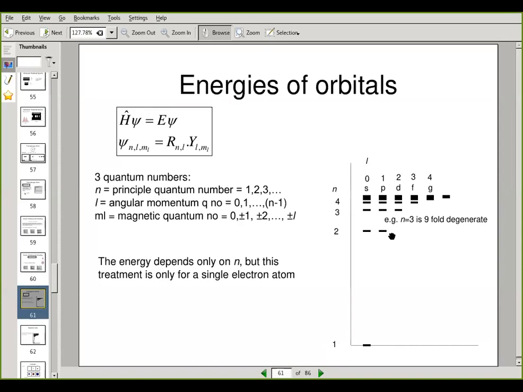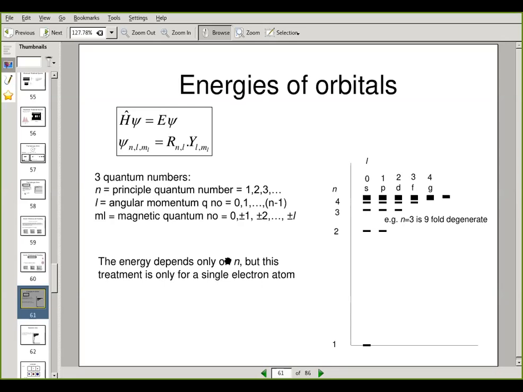But my apologies, there are many different ones. At n=3, you've got one of the s, you've got 3 of the p, and you've got 5 of the d. So there are 9 things going on here, so it's 9-fold degenerate.